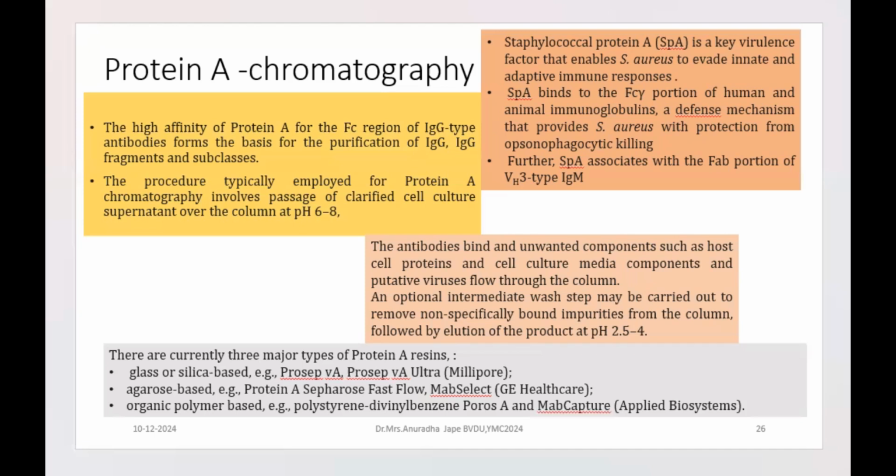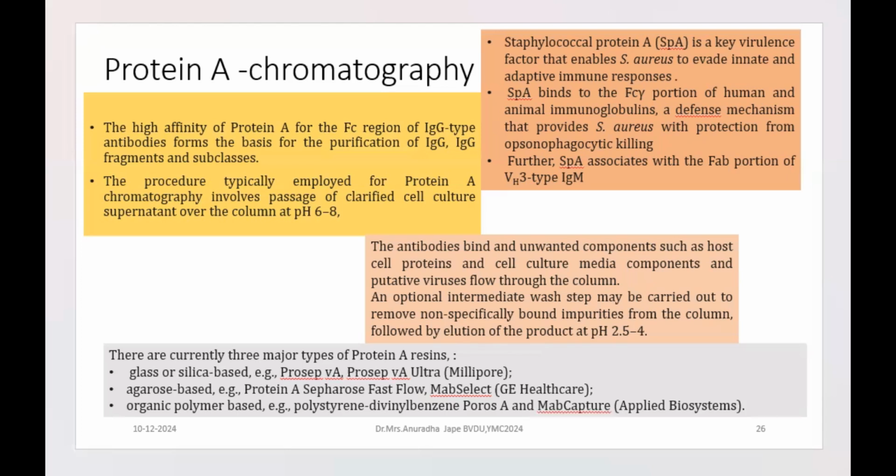So if you talk about protein A resins or protein A columns of affinity chromatography, are they really there? Are they really working? Yes. What are the support matrices on which it is coated as ligand? Glass and silica based, agarose based, and even organic polymers such as polystyrene based resins, where protein A is attached as ligand, are used, and such columns are available on the market.